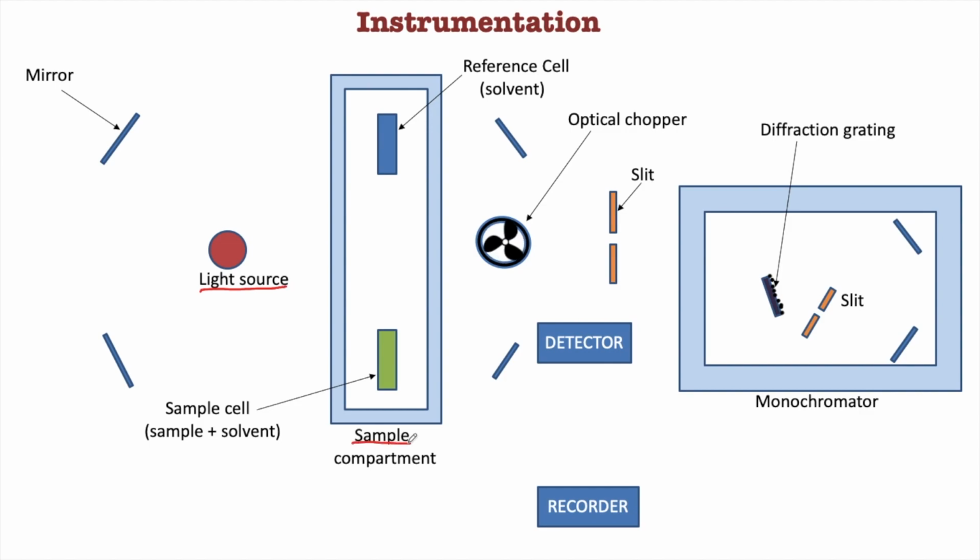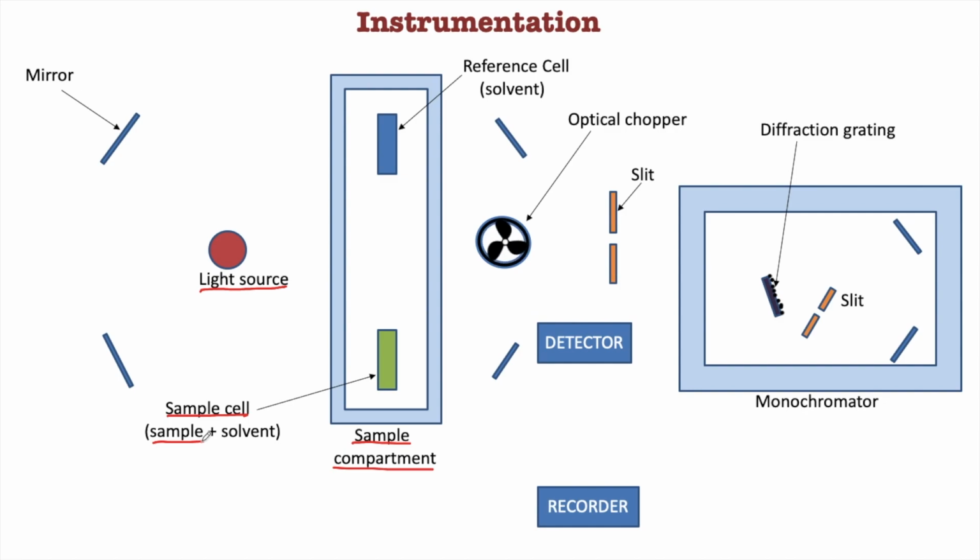Next comes the sample compartment. Within the sample compartment, like I told you, we have the sample cell. Within the sample cell, our sample is placed. If our sample is in solid form, then that solid compound is dissolved in a suitable organic solvent to form a solution.